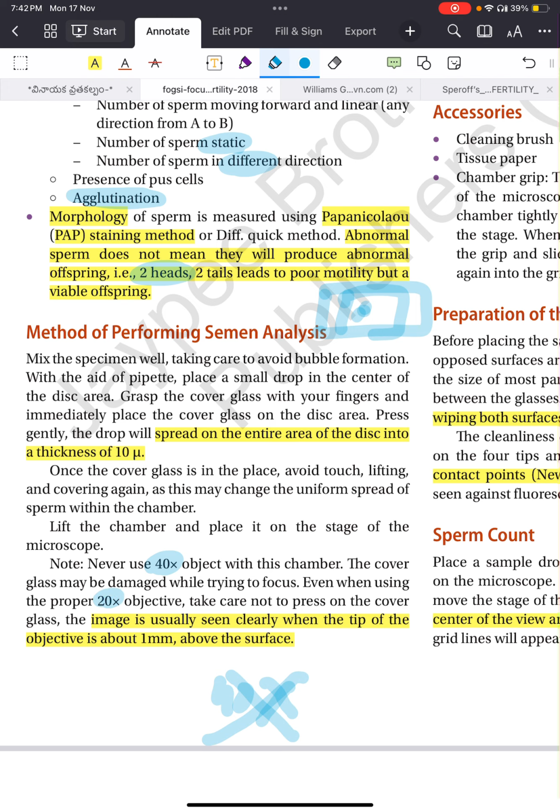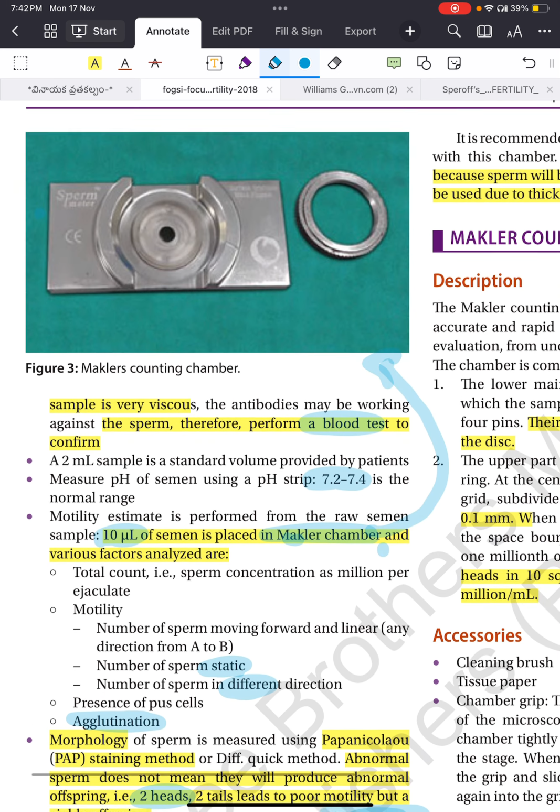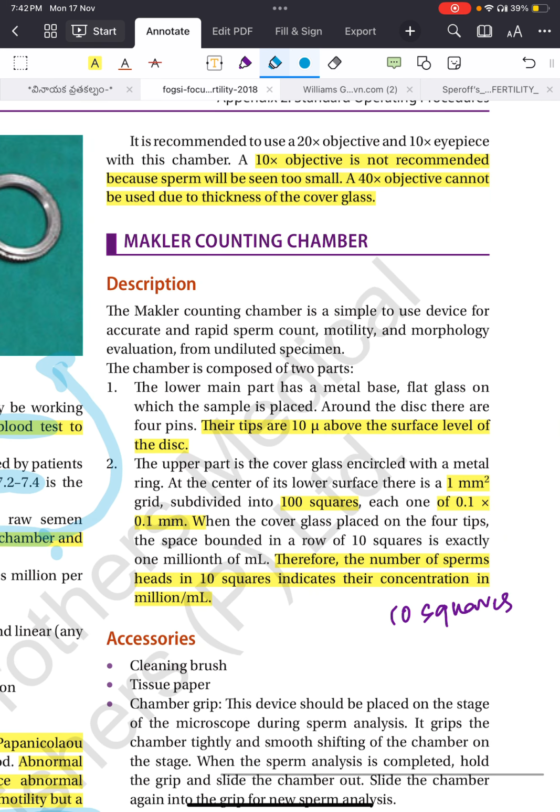Take care not to press on the cover, and the image is seen clearly when the tip of the objective is at least 1 mm above the surface. It is recommended to use the 20x objective with a 10x eyepiece. The 10x objective is not recommended because sperm will look small, and 40x will damage the cover glass. So the best objective for examining sperm is 20x.